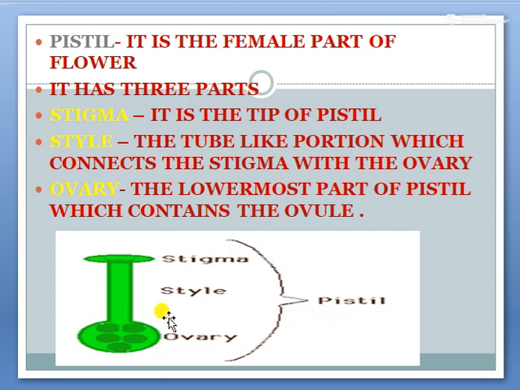Now this ovary contains the ovules. After fertilization, the ovary forms the fruit, and the ovules present in the ovary form the seeds, because we know that in the fruit, seeds are present. So the seeds are formed from these ovules.